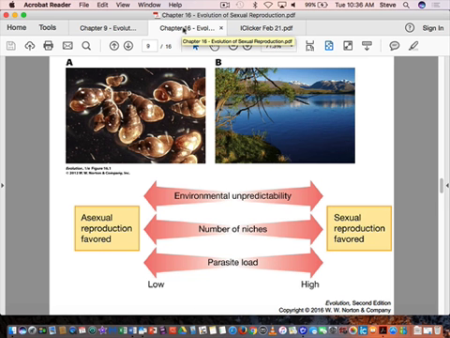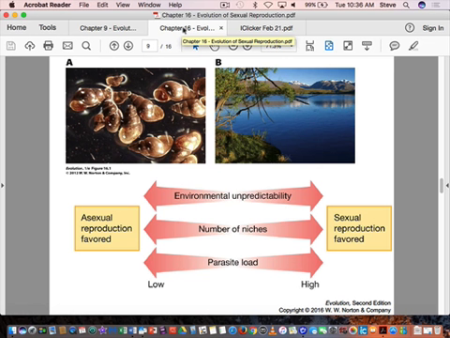At the other extreme, we might expect sexual reproduction to be favored if the environment fluctuates a lot, there's a lot of environmental heterogeneity, things are unpredictable from season to season, year to year. Maybe sexual reproduction that produces a lot of variability might be favored. If there's a lot of environmental and niche variability, sexual reproduction will be favored.